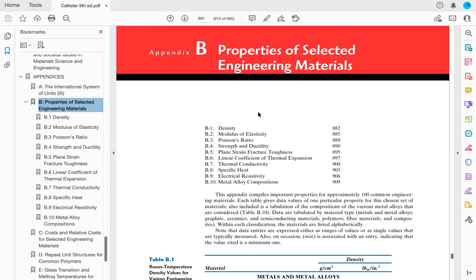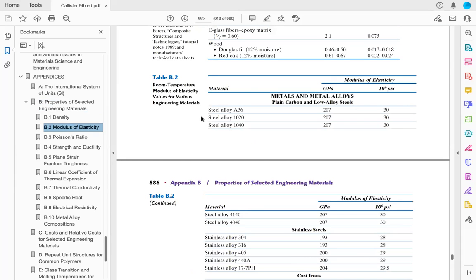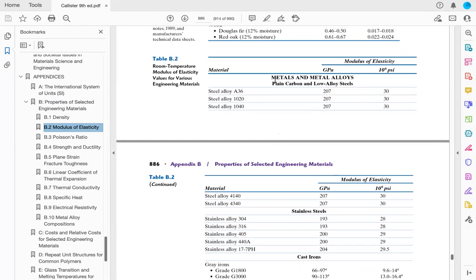So let's look at the modulus of elasticity, and let's look at alloys. For many metals and alloys, for example plain carbon steel and low alloy steel, there is a certain code, and also a modulus of elasticity, which is actually just one number.